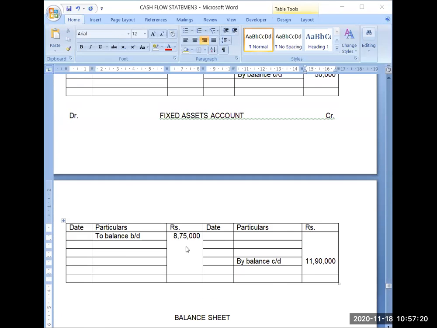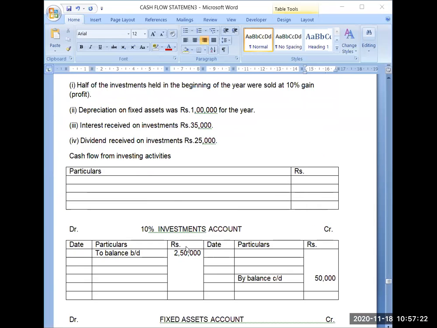Now, see the further information given. Half of the investments held in the beginning. So in the beginning, we were having 2,50,000 rupees investments. So half of it, 1,25,000, were sold at a gain of 10%. So we will sell it by bank account.